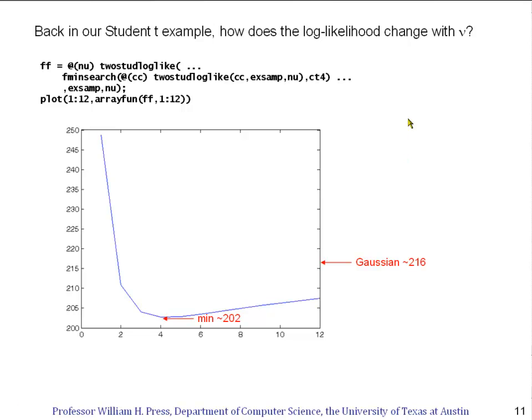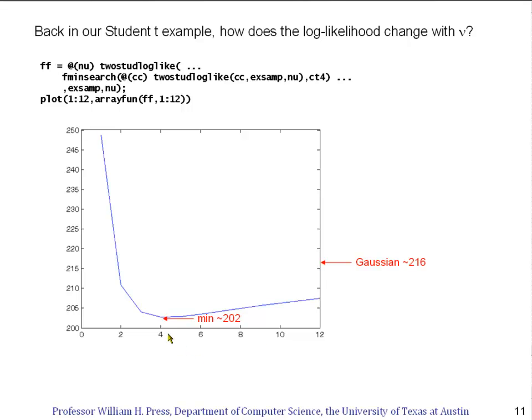So finally, back to our Student t example. How does the log likelihood change with that exon data when we allow nu to vary? And here I've plotted log likelihood as a function of nu for the best fitting parameters for each value of nu. Now it turns out we started over here with Gaussian having a negative log likelihood of about 216.